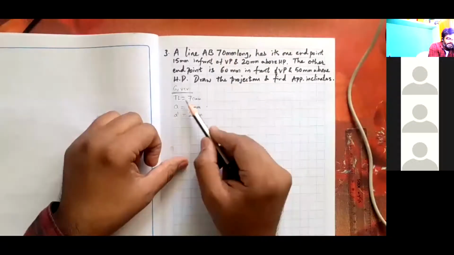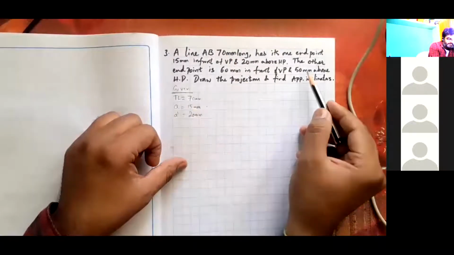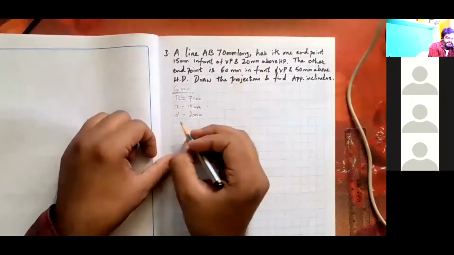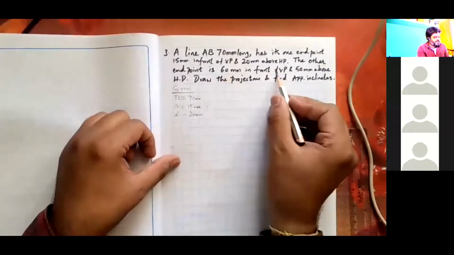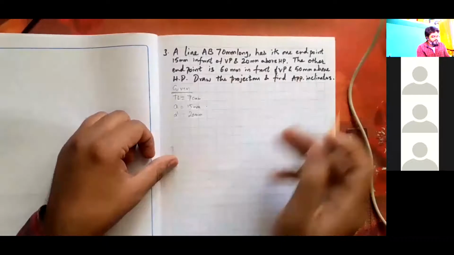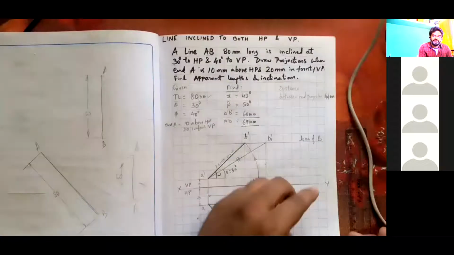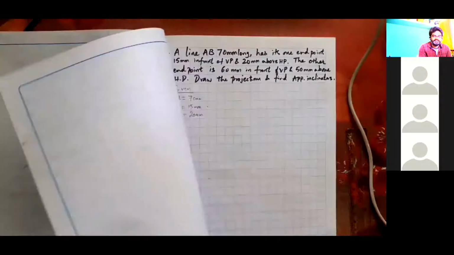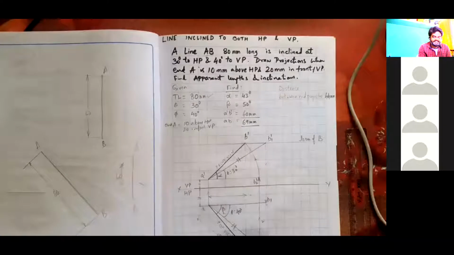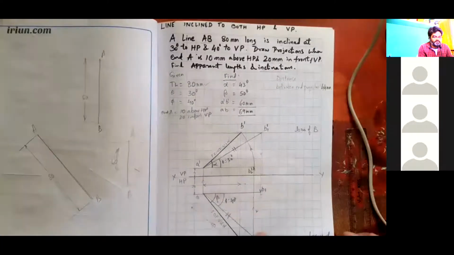The other endpoint is 60 mm in front of VP and 50 mm above HP. This locus is at a distance of 60 mm, and above HP 50 mm.